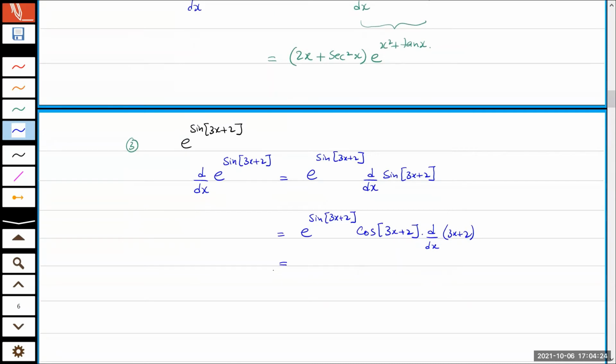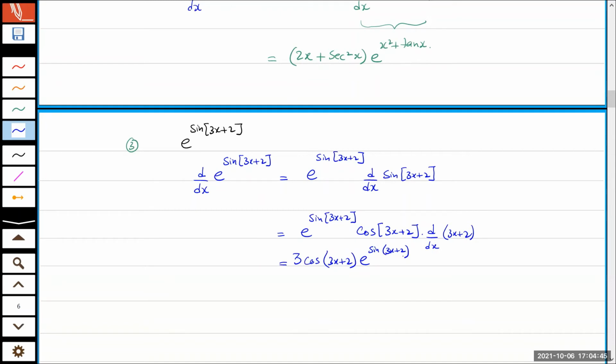The derivative of 3x is 3. The derivative of 2 is 0. It's 3 cosine of 3x plus 2 times e to the sine of 3x plus 2. That would be the derivative of the function.